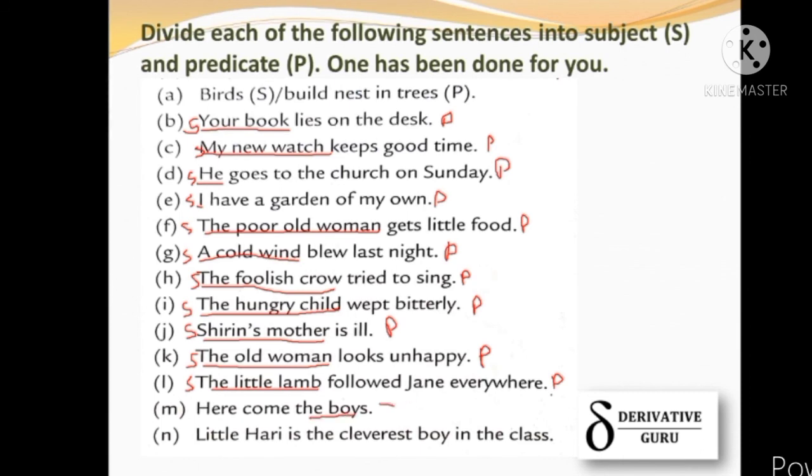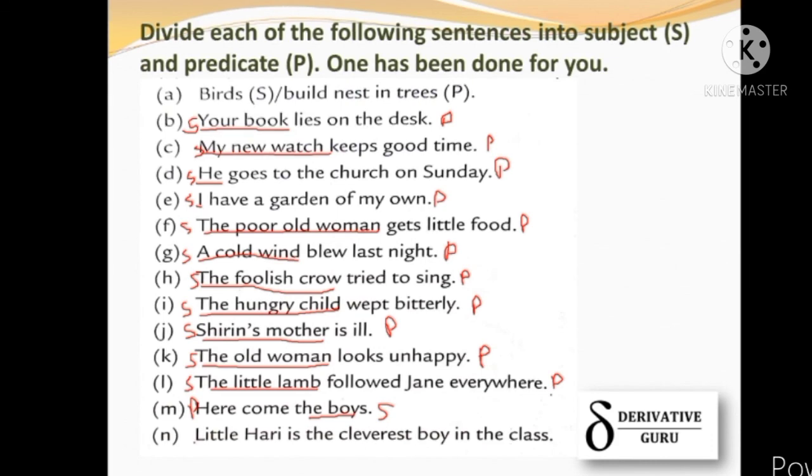The boys. And this part becomes the predicate. This is the action that has been given for the subject. Let us see the next one. Little Harry is the cleverest boy in the class. So you're talking about little Harry. So this is the subject and is the cleverest boy in the class is the predicate.